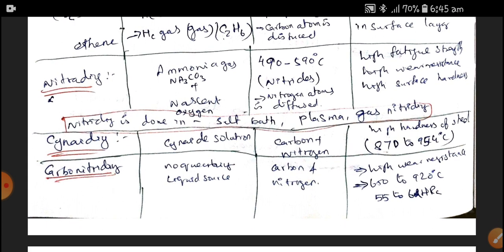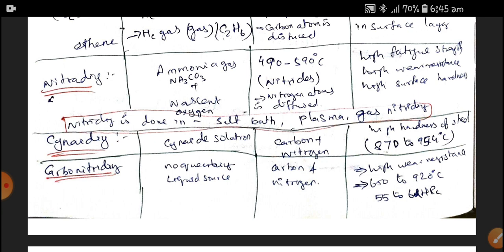Next is carbonitriding. In carbonitriding, a liquid source is being used, with no quenching process. Here also carbon and nitrogen components are diffused in the metal. Therefore, high wear resistance will be given.